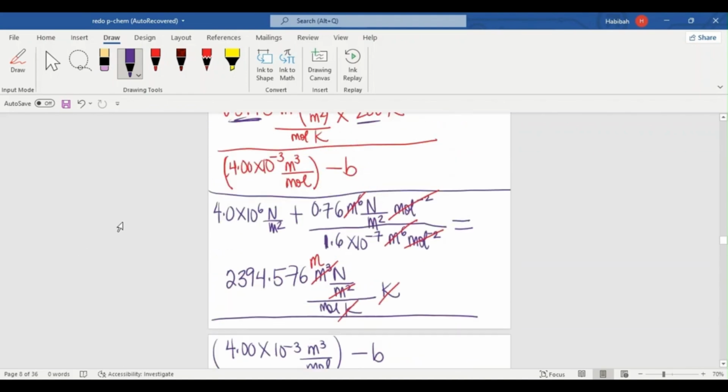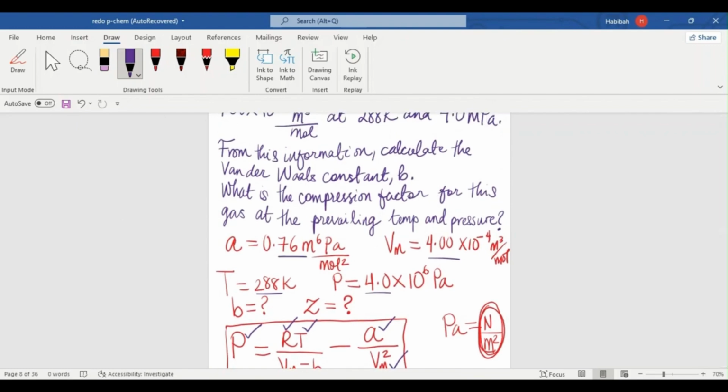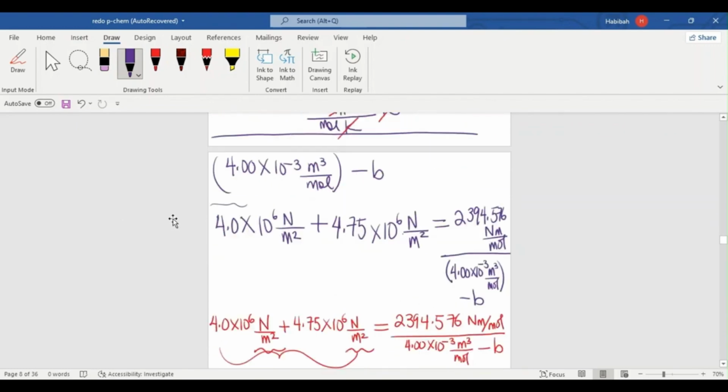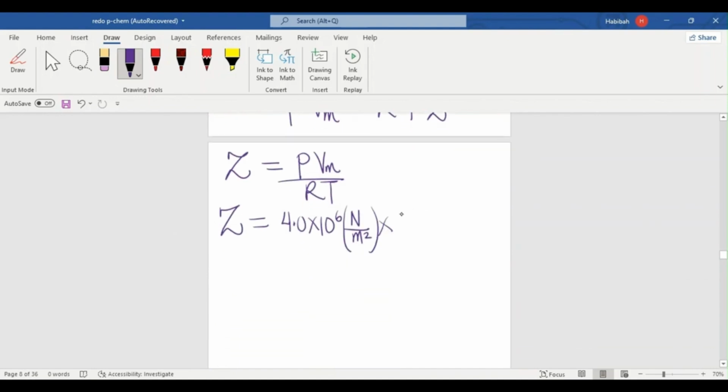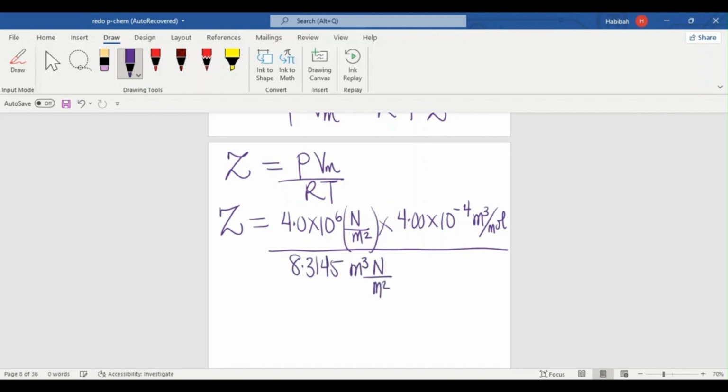Molar volume, we know that to be 4.00 times 10 to the power negative 4 meter cubed per mole, divided by the gas constant 8.3145 meter cubed Newton per meter squared per mole Kelvin, times temperature, which is just 288 Kelvins.